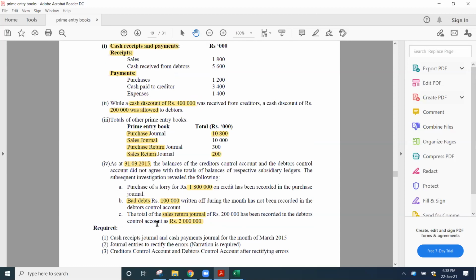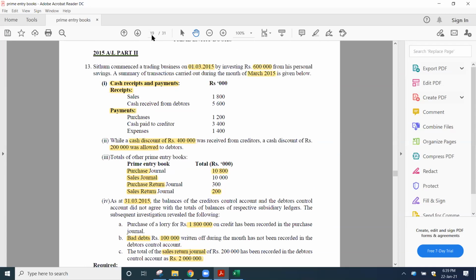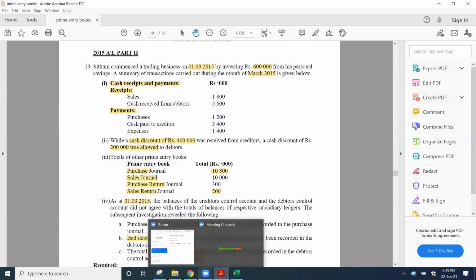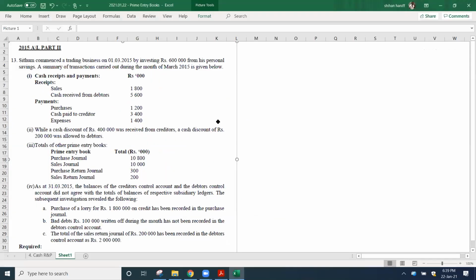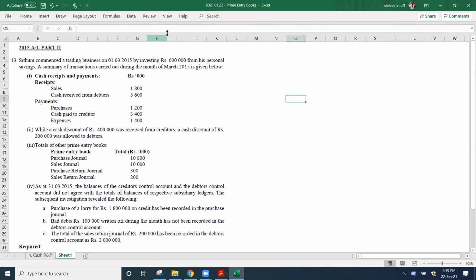Okay. So first requirement, cash receipt journal and the cash payment journal. So shall we draw a cash receipt journal and a cash payment journal for this question? 2015 A-level. Right. So what we need is a cash receipt journal and cash payment journal.